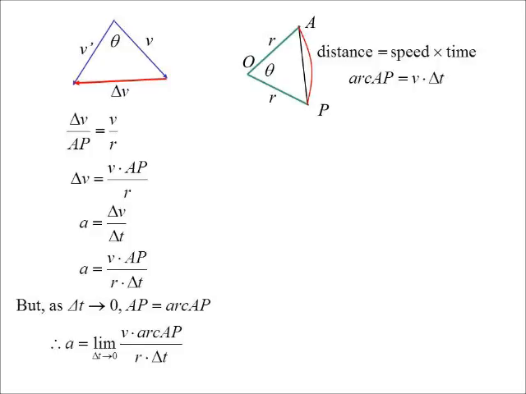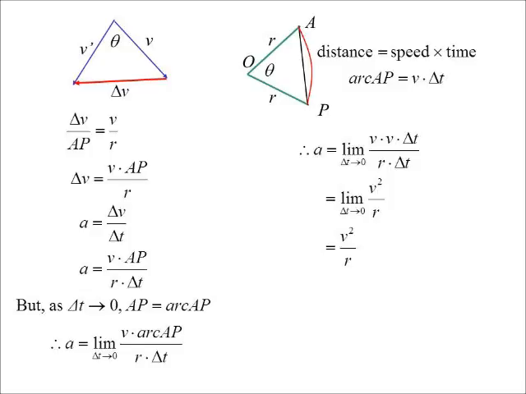Well, the arc AP we can also rewrite as v times the change in time. Velocity times the change in time. Because if you multiply the velocity times the amount of time you've travelled, you must get the distance that you have travelled. So we end up with the delta t's cancel, v squared on r.